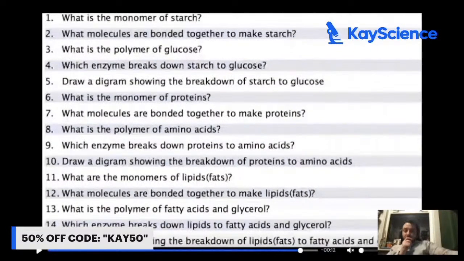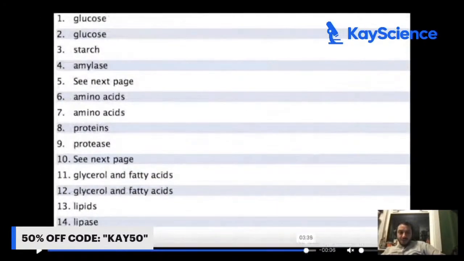They're all one-word answers. So here are the answers. So I'll give you 10 seconds to go through the answers. And you can always return back to this later on.